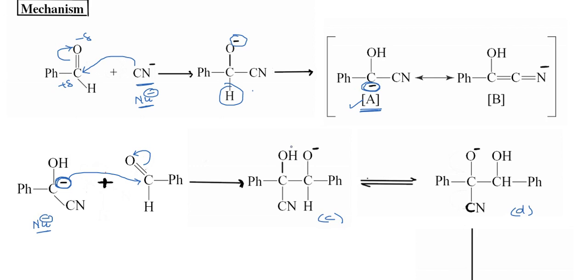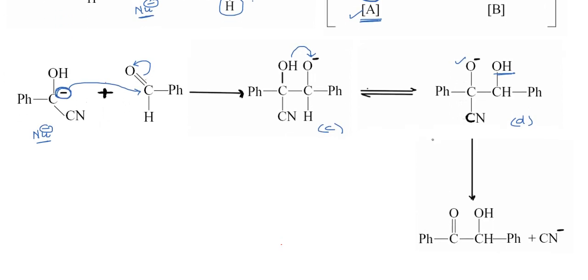What happened? This hydrogen is taken by this O minus, so it will convert it into OH, and this oxygen is converted into O minus. So there is the resonance, there is the equilibrium between the structure C and D by shifting of this hydrogen from this group to O minus group, and that will convert it into OH, and this will convert it into O minus.